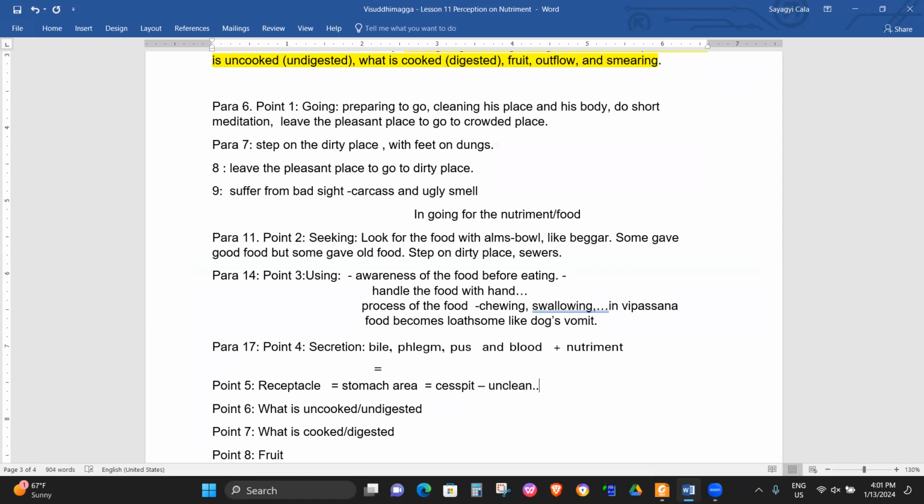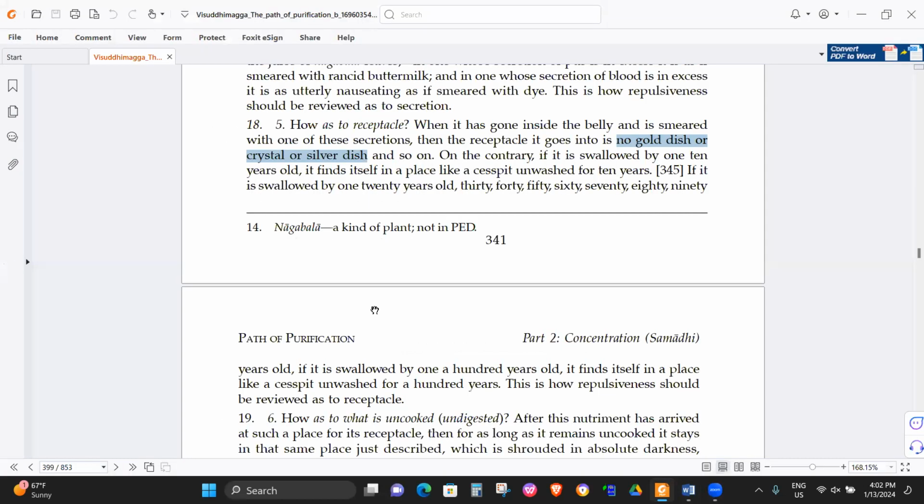You're trying to say things are unclean or ugly. So the food mixes with the secretion and then goes to this receptacle, the stomach area. This place is a container. So in a way you can use the word container. So the container is also ugly. The food is also ugly. So what is the next process now?